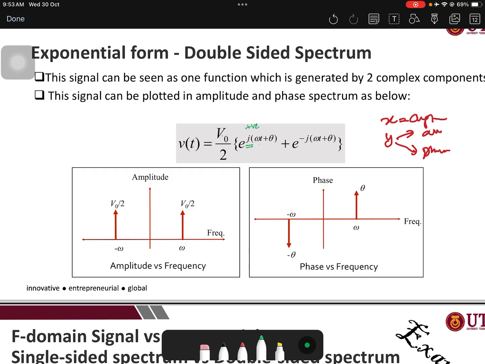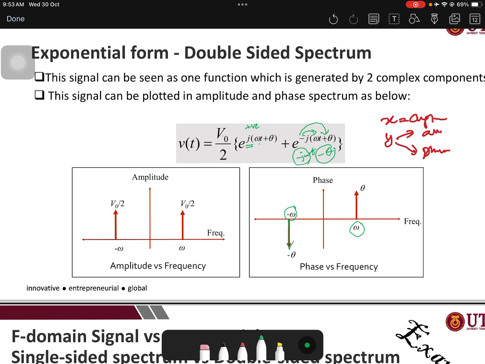This one belongs to omega t. And then the negative side, when you expand, it becomes negative j omega t minus theta. So for the negative side, the left side is the negative omega. For the negative omega, when you expand, negative and positive multiply, you will get negative theta.